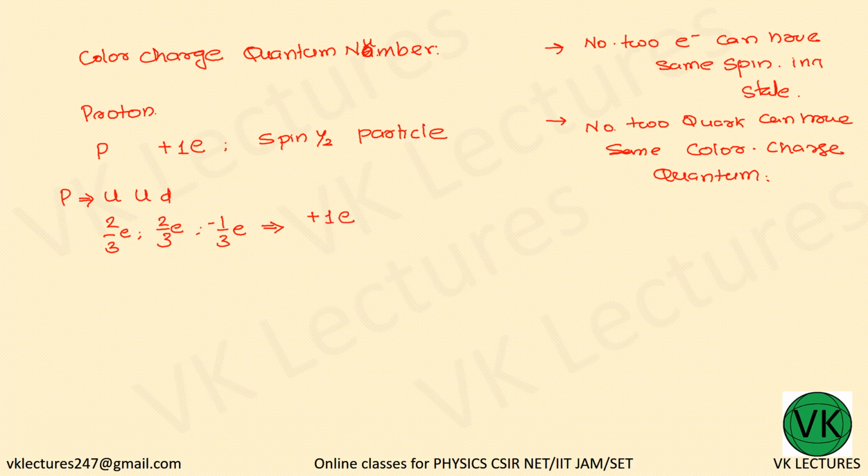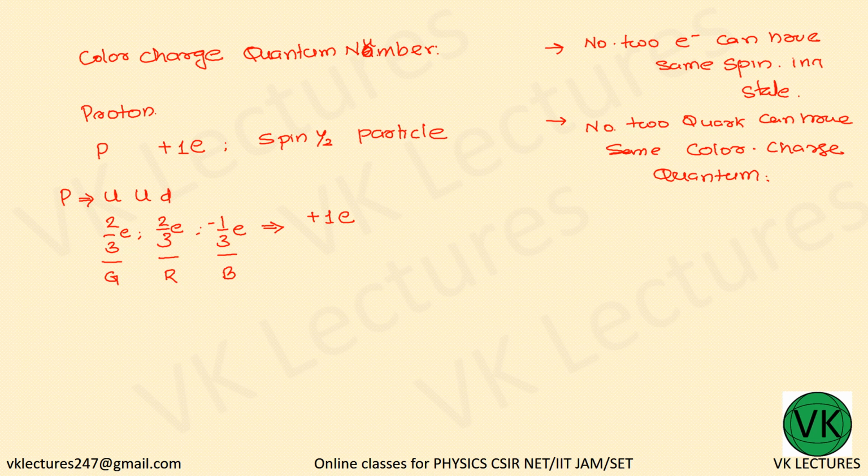Now each of this U and D will be either green. If this is green, this should be red, and this should be blue. So all three quarks are different, having different color charge quantum numbers.